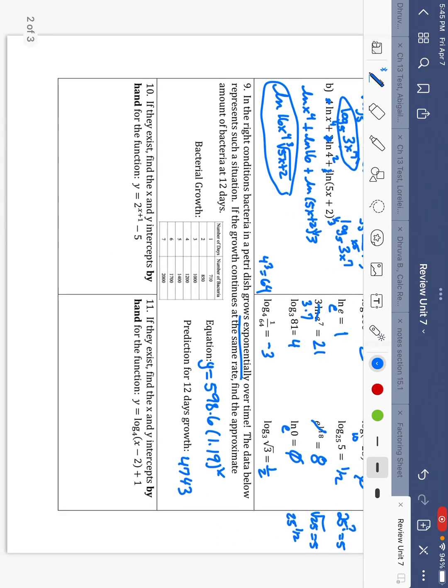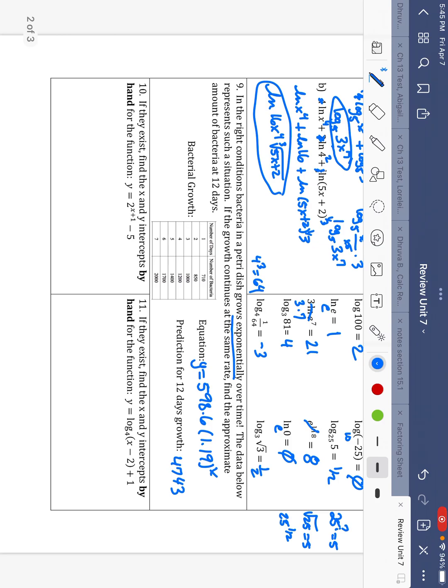All right, let's see. Number 10, if they exist, find the x and the y intercepts by hand. So remember that the y-intercept is very easy to find. For the y-intercept, I'm going to be plugging in 0 for x, and that's usually very simple to do. So I have y equals 2 to the 0 plus 1 is 1, and then minus 5. So I get 2 minus 5, which is negative 3.